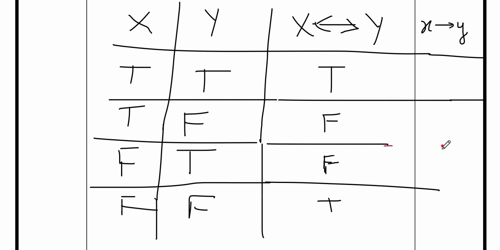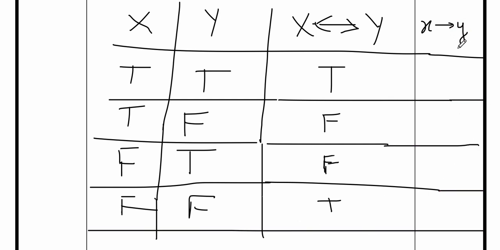We are just recapping what we had done earlier. If it had been implication rather than bidirectional, then only when the conclusion is false but the premise is true does it become false. Otherwise, it is all true. This is the difference between implication and biconditional. I hope this is clear.